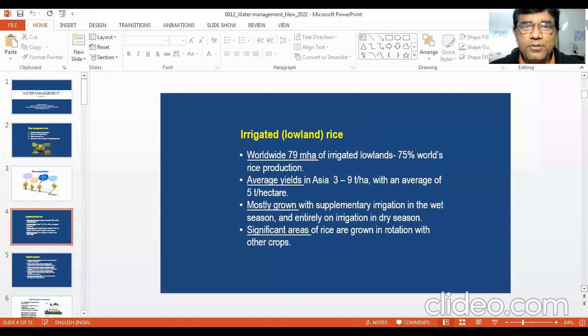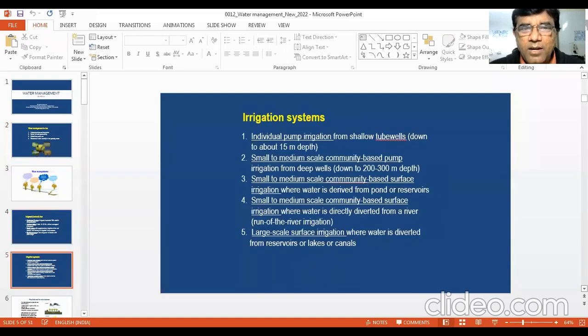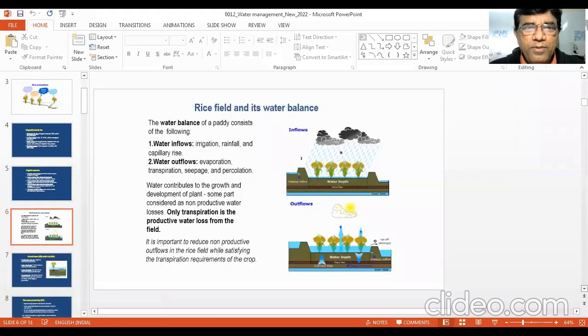So these were rice ecosystems, and we have seen some data, and different kinds of water sources are available. Some are underground sources and some are above ground sources of water supply. And we have seen the balance of water in rice, input and output.